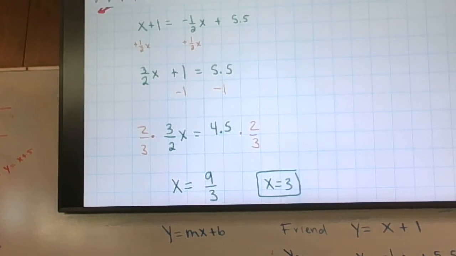My conclusion was that x equals 3. Did anybody else get x equals 3 in their substitution? Ellie, did you get x equals 3? Finish that problem out.